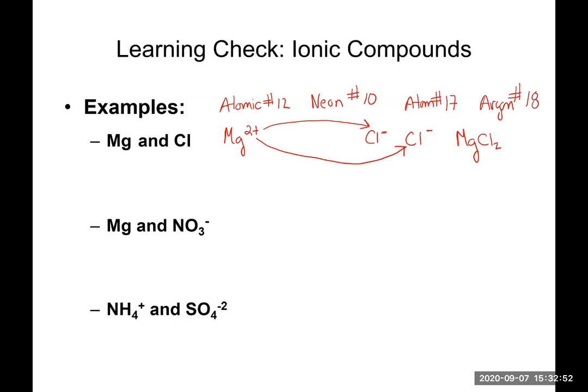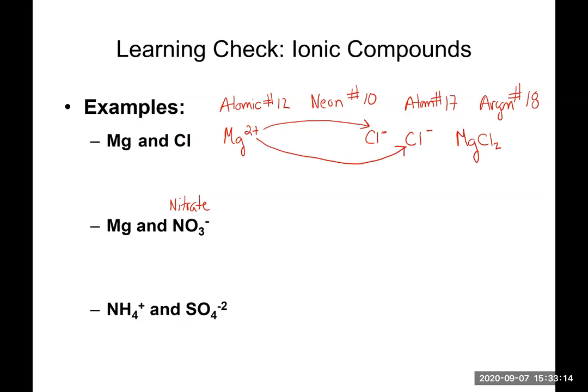Now, the reason you have to start memorizing all of these polyatomic ions is that if you don't, you would not know this is nitrate, and nitrate's chemical formula is NO3-.